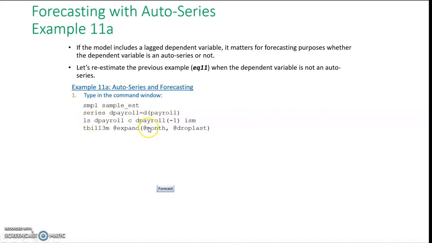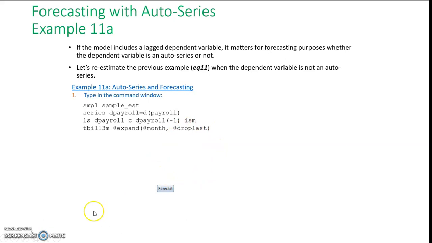I will write this in one line and will click. So my command will be ls D payroll, constant D payroll in lag form, ISM T bill 3M, and then the dummy variable command with the drop last month, and I'll get the estimated equation.